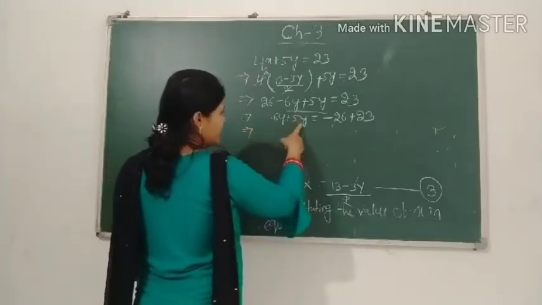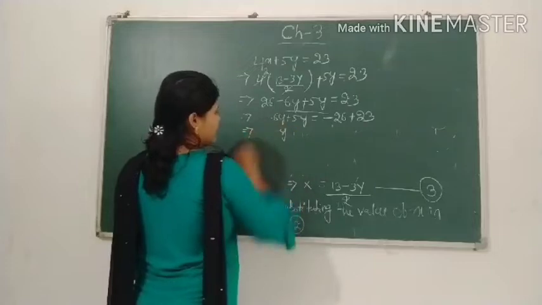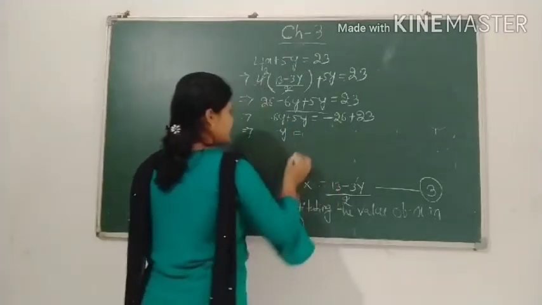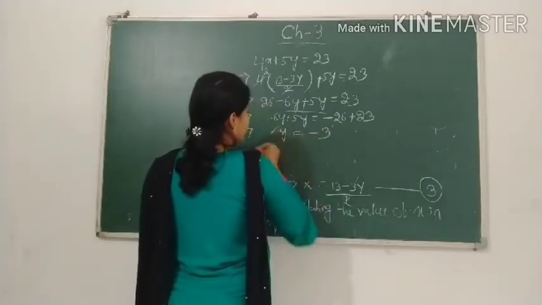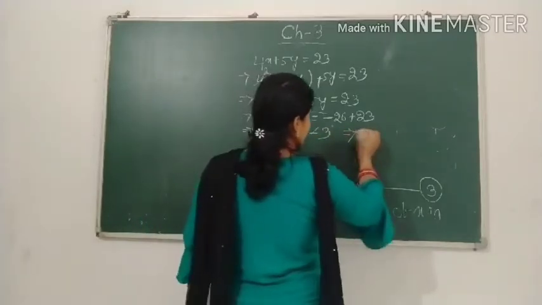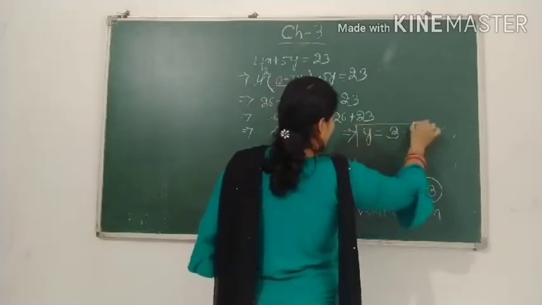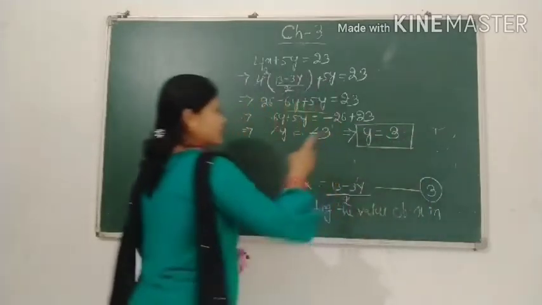Minus 6y plus 5y gives minus y, and 23 minus 26 gives minus 3, minus minus cancel, and you got your value of y is 3.